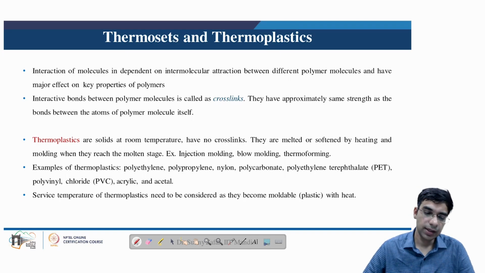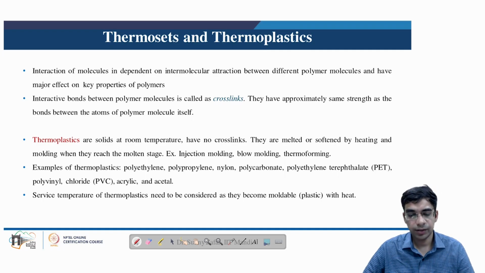Thermoplastics are basically solid at room temperature and they have no crosslinks present in them. They are melted and softened by heating and molded once they reach the molten stage. Examples include injection molding, blow molding, and thermoforming. Some are being utilized in these types of manufacturing processes.